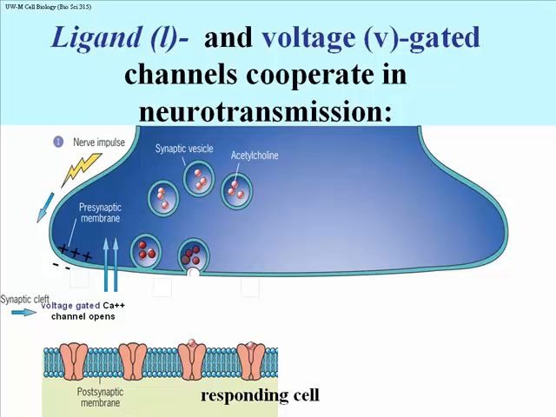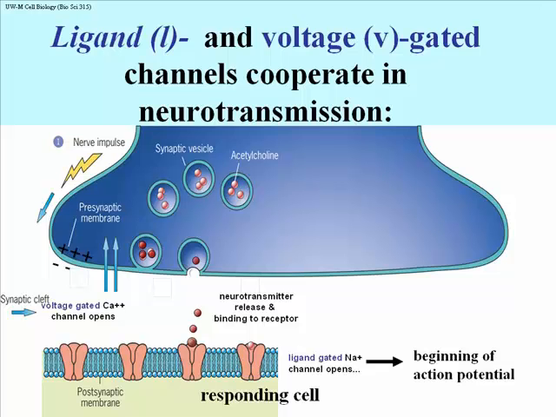The calcium enters the cell, interacts with synaptic vesicles, causing them exocytotically to fuse with the membrane at the nerve ending, and the neurotransmitters are released into the synaptic cleft, that is the space between the nerve ending and the membrane of the responding cell, and the neurotransmitters then bind to receptors on the responding cell. The response is that a ligand-gated sodium channel opens, beginning an action potential.